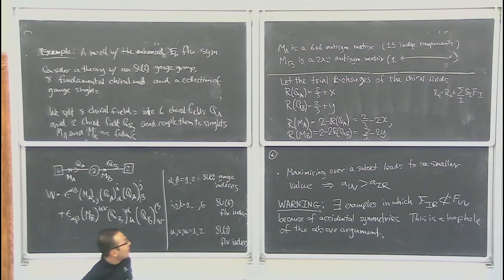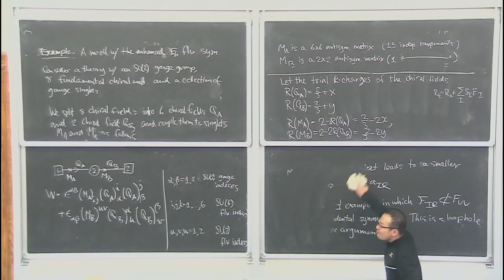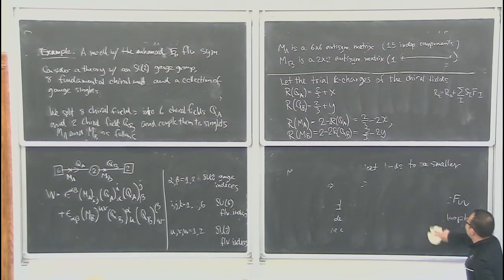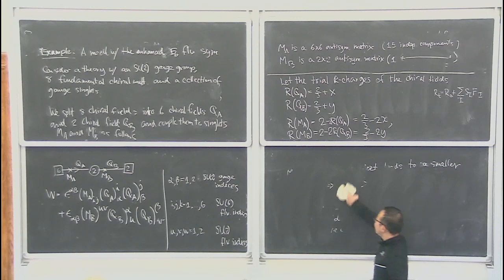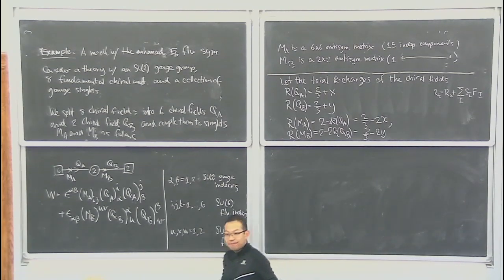What shall we proceed with next? We want to see if this admits some solution for the non-anomalous R symmetry. At the moment, I haven't mentioned R charge at all, because I don't know what the superconformal values are.